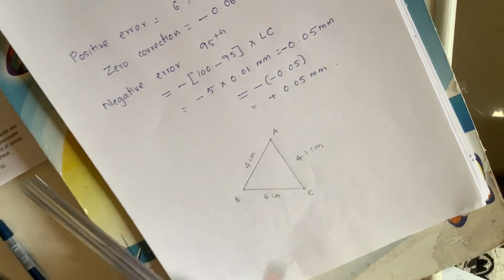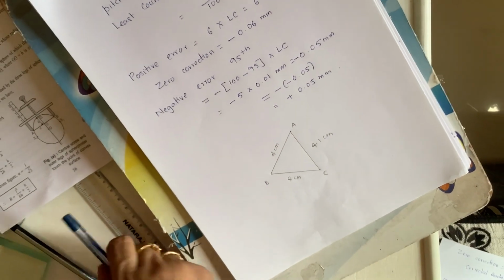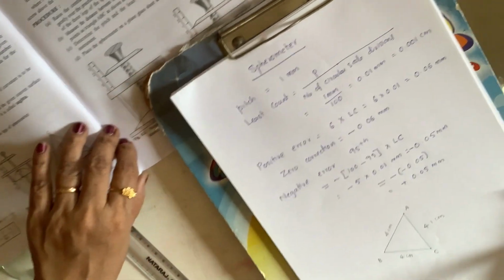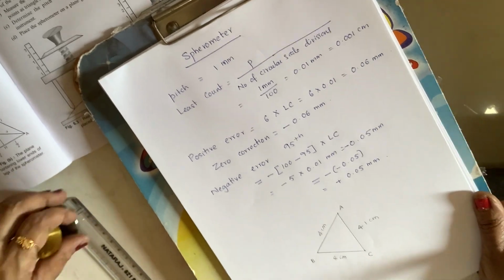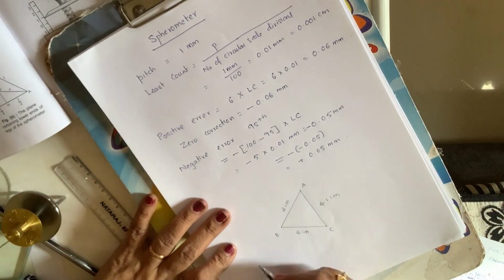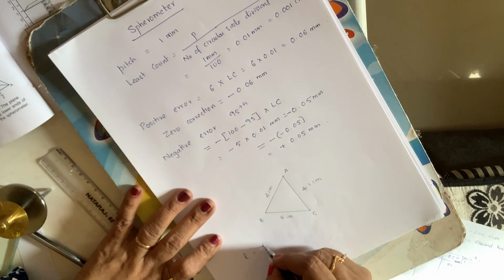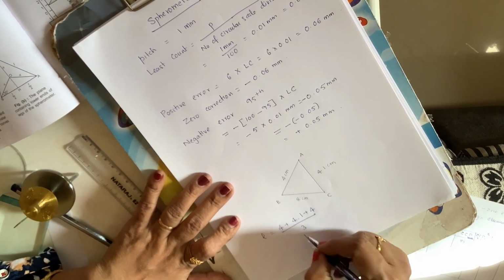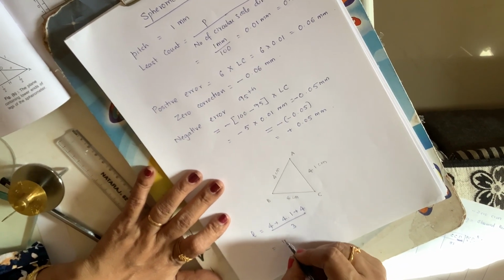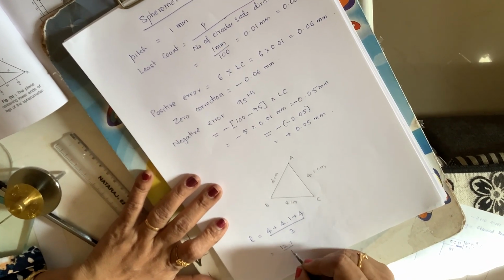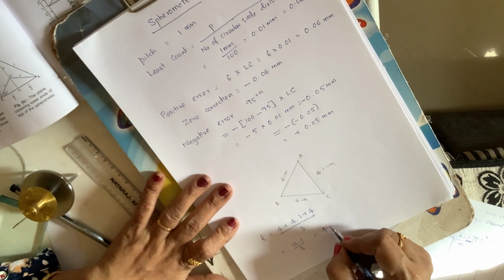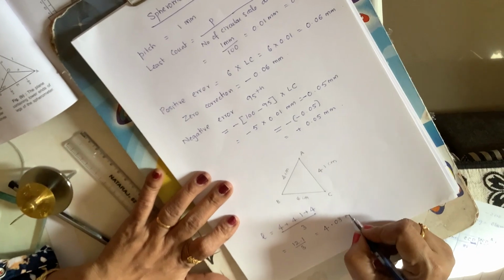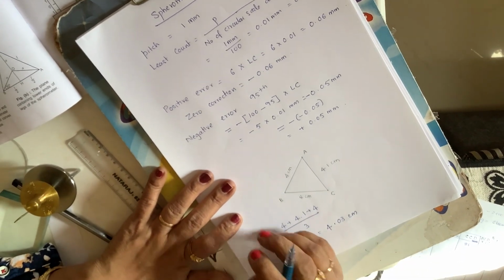So take the average of all of them. L is equal to 4 plus 4.1 plus 4 divided by 3. So that will become 12.1 divided by 3, that is 4.03 approximately centimeters. Okay, keep it like that.